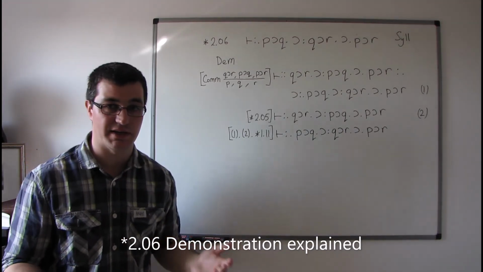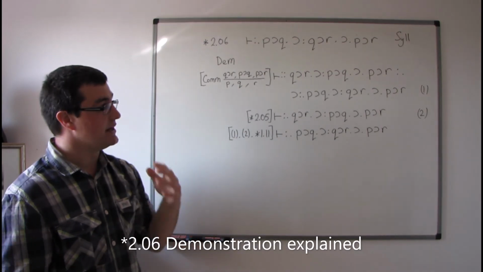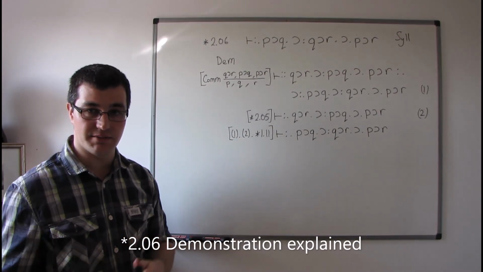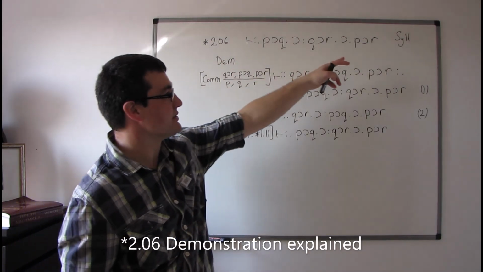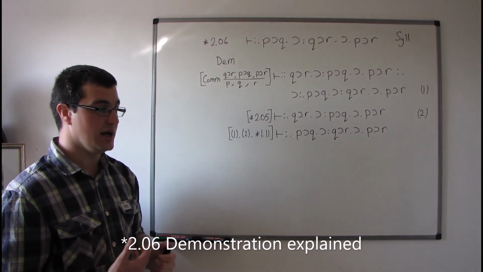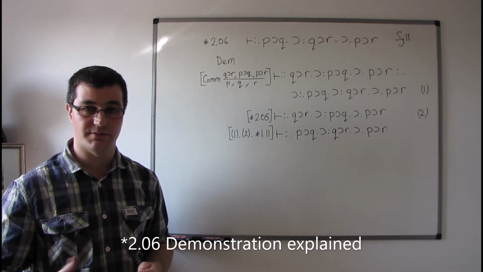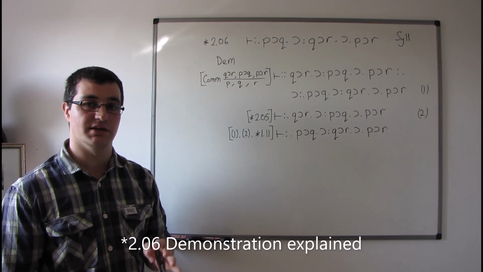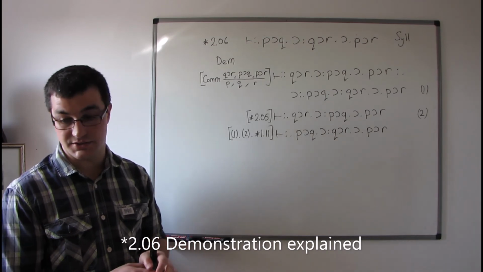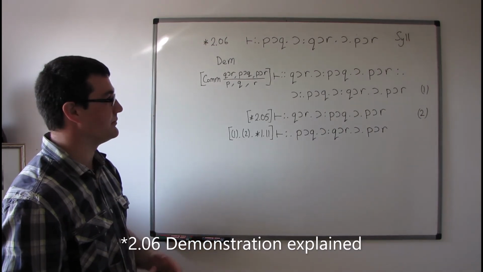Not theoretically speaking, but practically speaking. And that's where this is going to come in. So in a short while, not immediately, but in a short while, we're going to show how 2.05 and 2.06 can be implemented as rules of inference to make much more complicated inferences in a much shorter space of time and with much less complexity in the demonstrations as well.